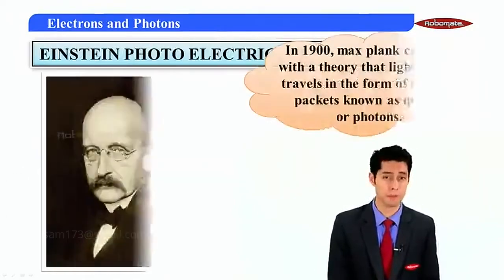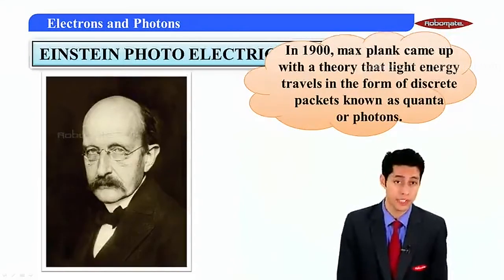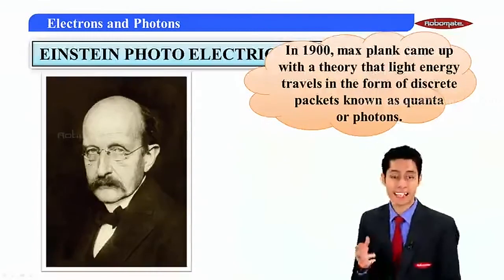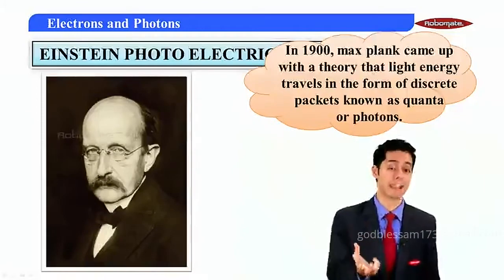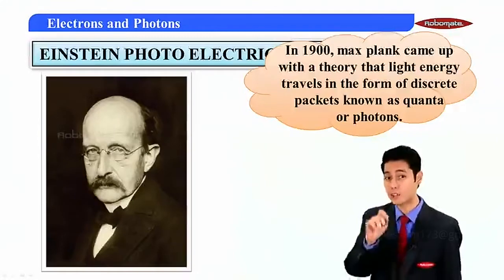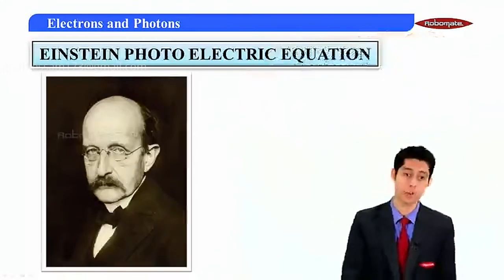What actually happened was, there was a scientist called Max Planck, whom we already know. He came up with the idea that light travels in the form of discrete packets of energy, which he later called quanta or photons.